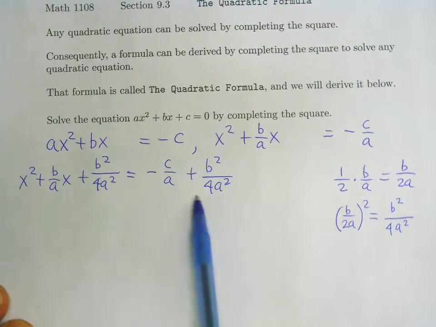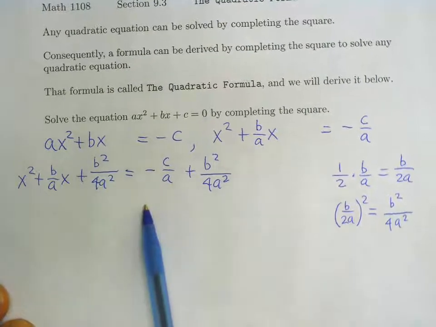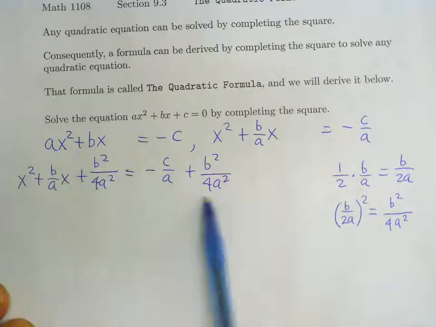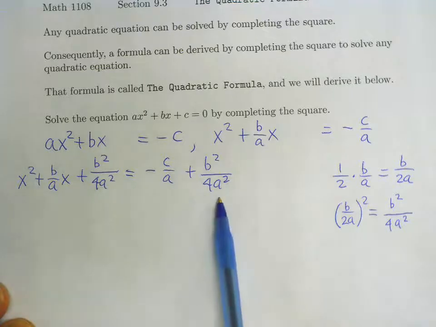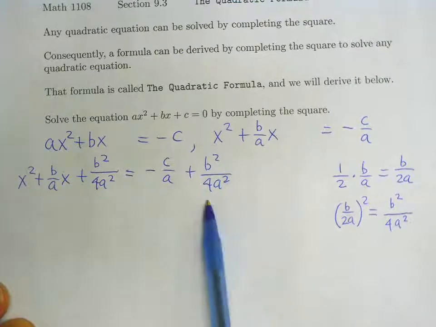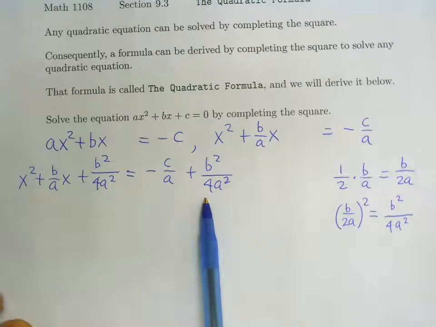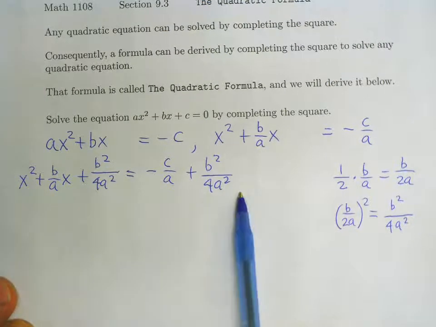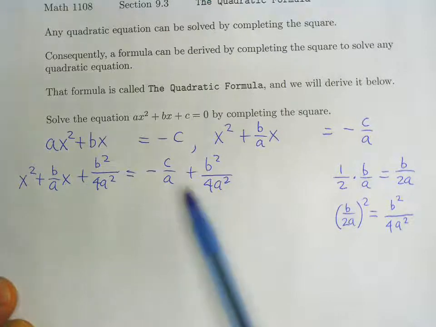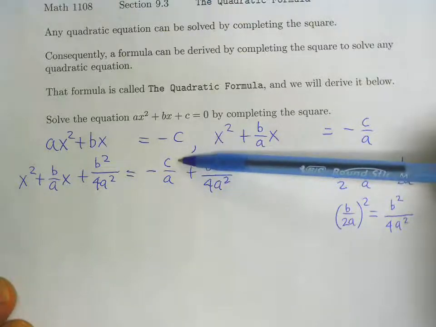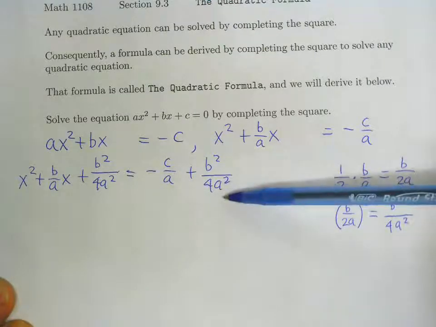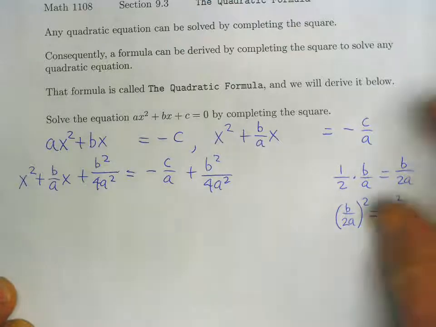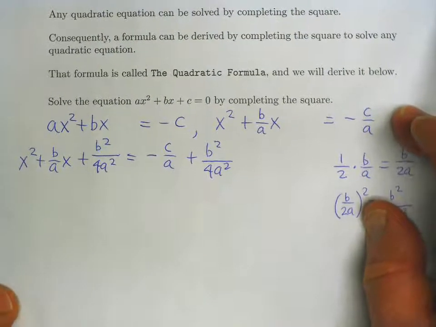And then the right-hand side, we want to write as a single fraction with a common denominator. So the denominator of negative c over a is a, and the denominator of b squared over 4a squared is 4a squared. So the least common denominator is 4a squared. So that means for this fraction, negative c over a, we're going to multiply the numerator by 4a and multiply the denominator a by 4a so that it becomes 4a to the second. Okay, so we'll do those things in the next step.